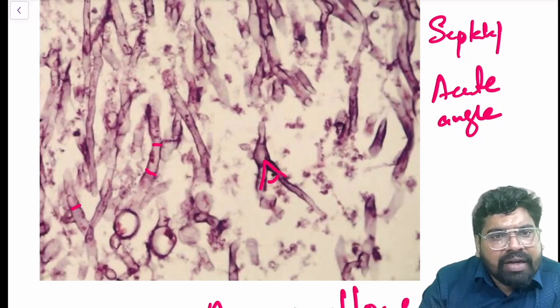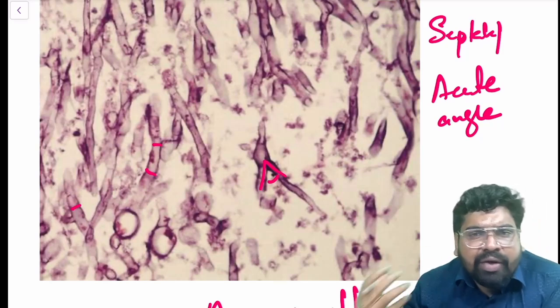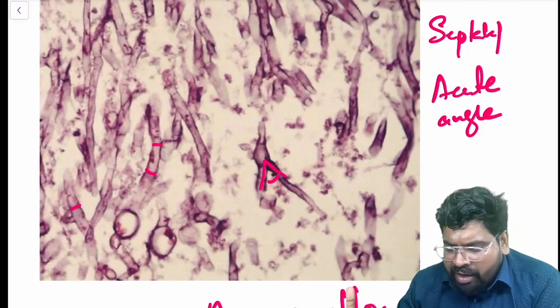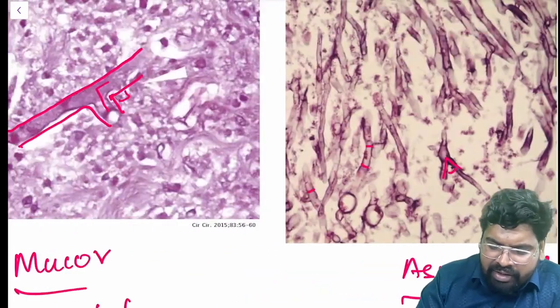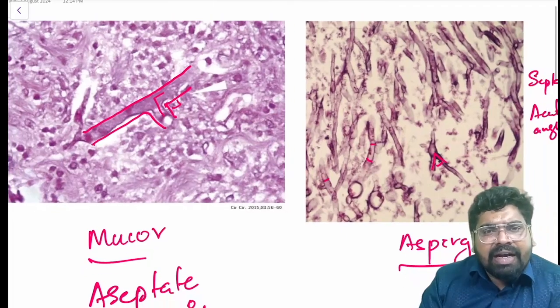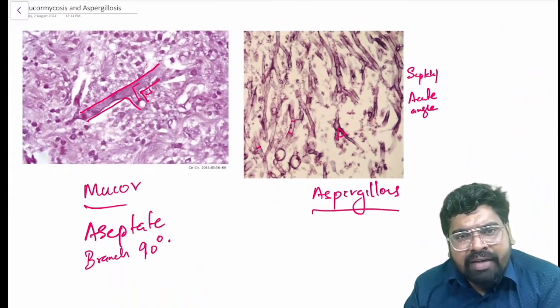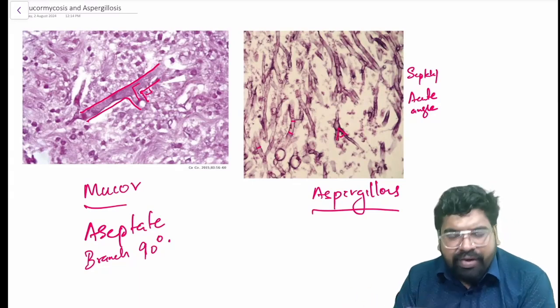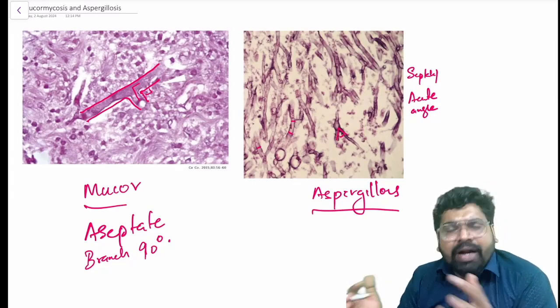So septate, acute-angled fungus is your aspergillosis, and aseptate, right-angle or obtuse-angle fungus is your mucor. This is how we differentiate between mucor and aspergillosis.